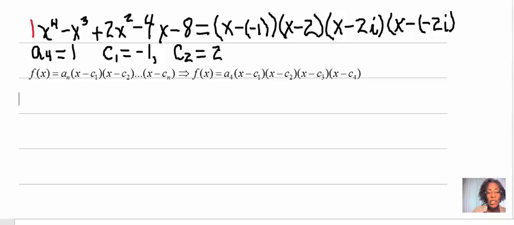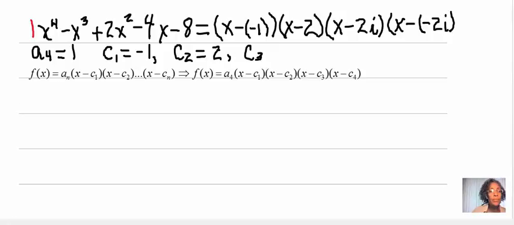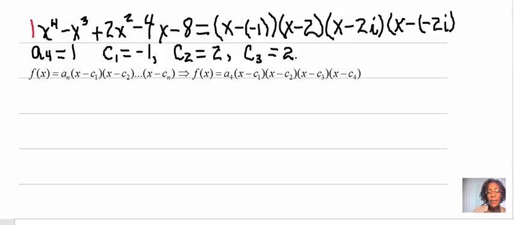Since we've written it in second position, I'm going to refer to 2 as c2. Our c3 is 2i, and our c4 is negative 2i.